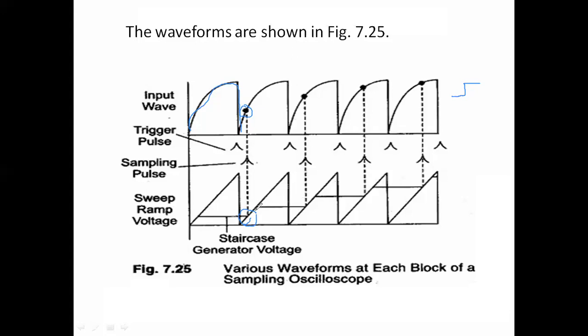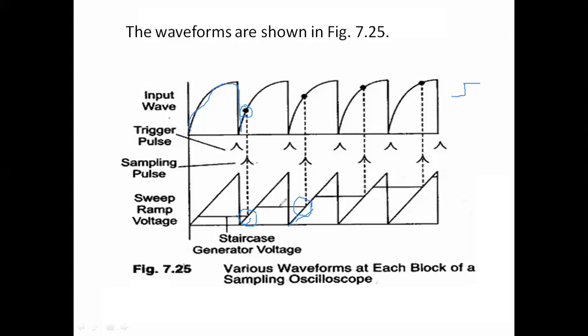Again the ramp signal is produced here. From here the next ramp signal is produced, and again the ramp signal and the second staircase signal will be compared.